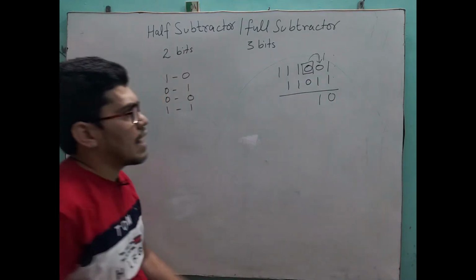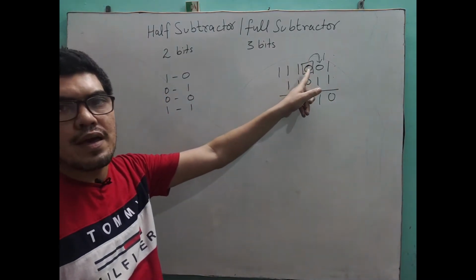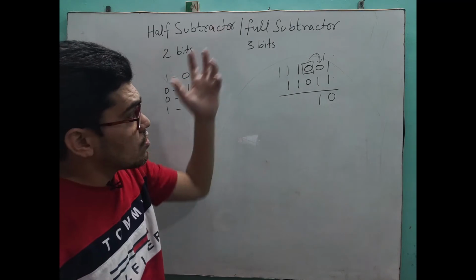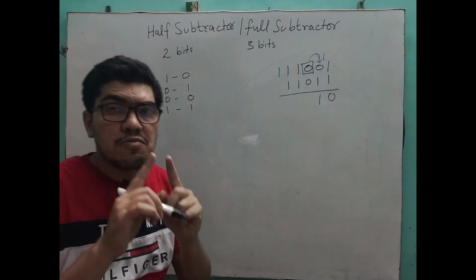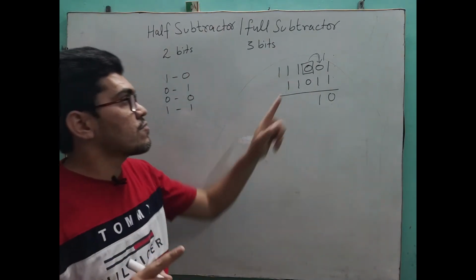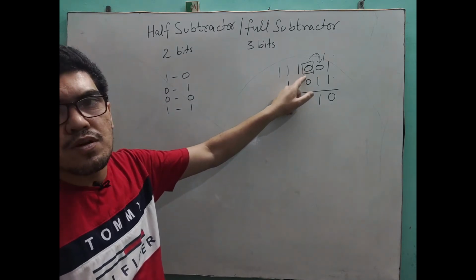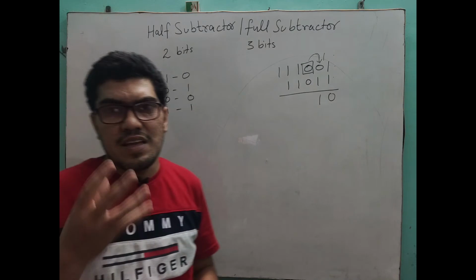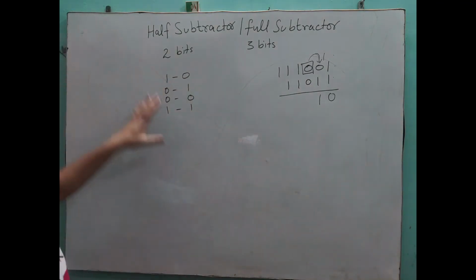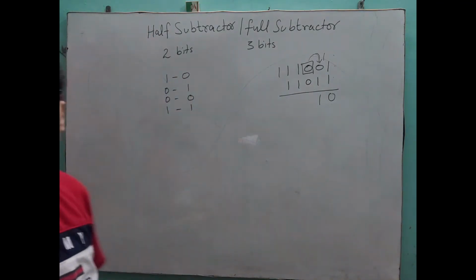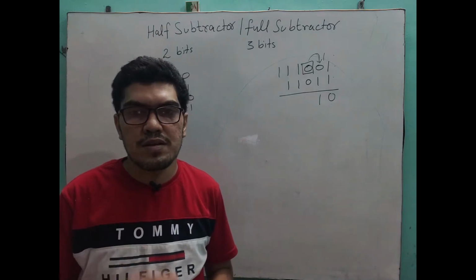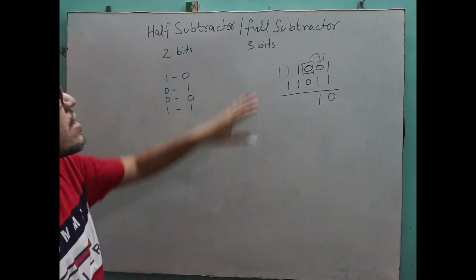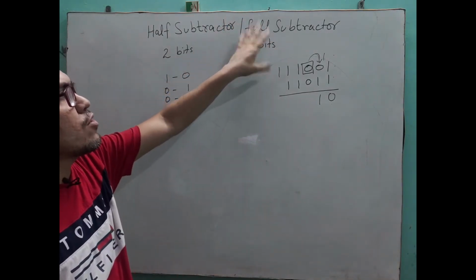Now, as you know that I have taken one borrow from here, so in the next step, that 1 should also be subtracted from this step. That is why this half subtractor cannot fulfill our requirement. So we need a subtractor, that is full subtractor.